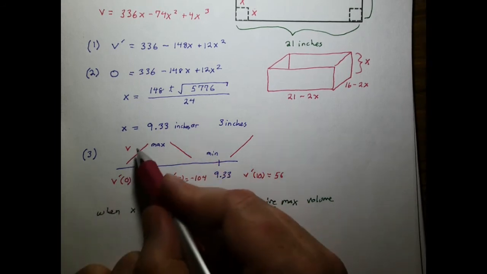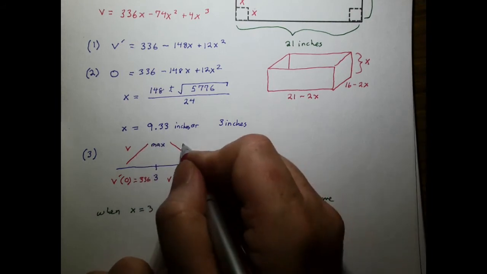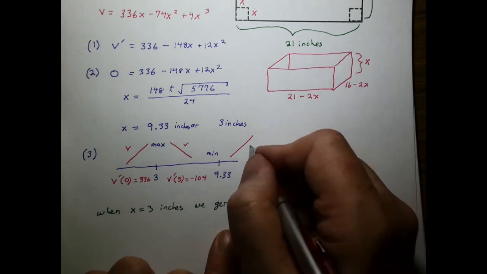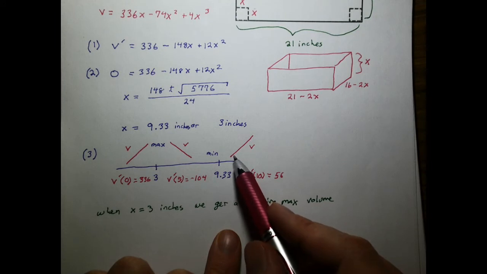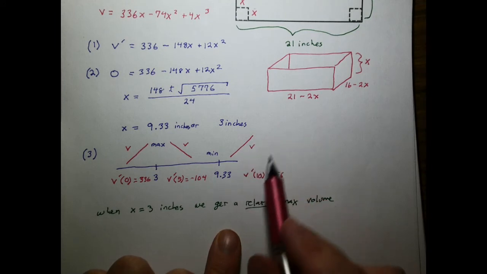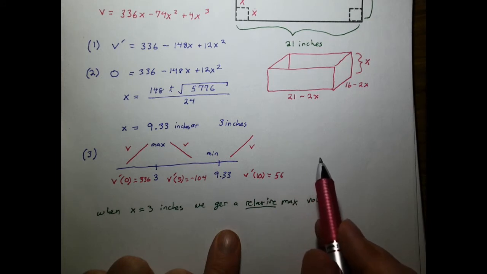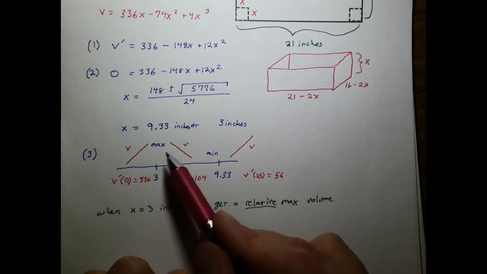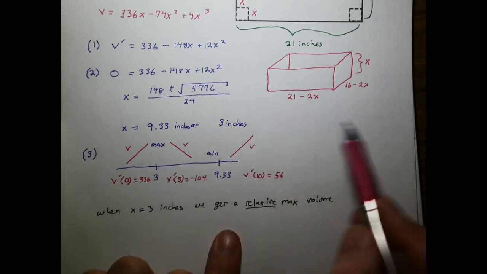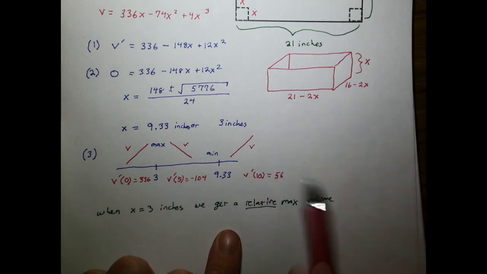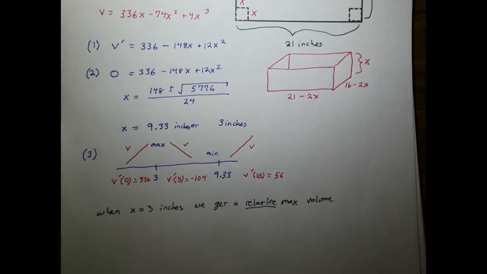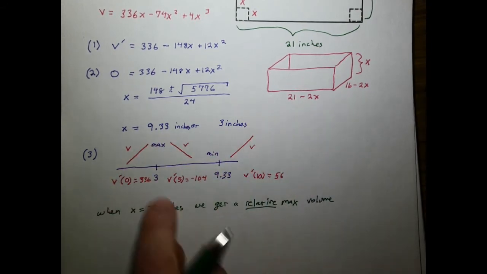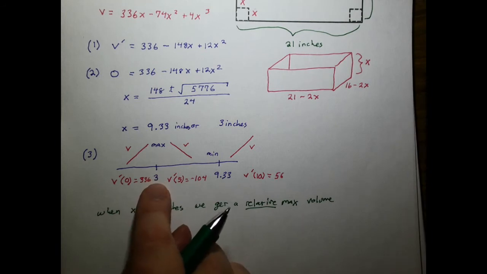The volume goes up until it peaks right here, and then it heads down until it reaches a valley right here at 9.33, but then it starts going up again. So the volume's getting bigger and bigger and bigger as you keep going with larger and larger cuts for x. I have no idea if the volume will eventually beat the maximum here somewhere way off here. It just goes up forever. So this is way too complicated a function for us to simply say this has to be the biggest possible volume.